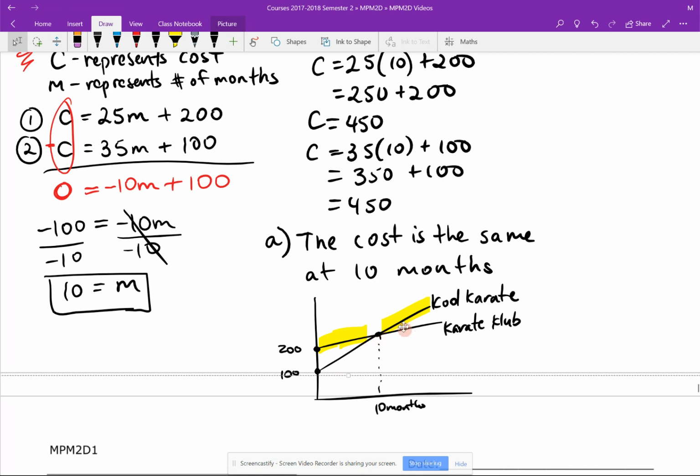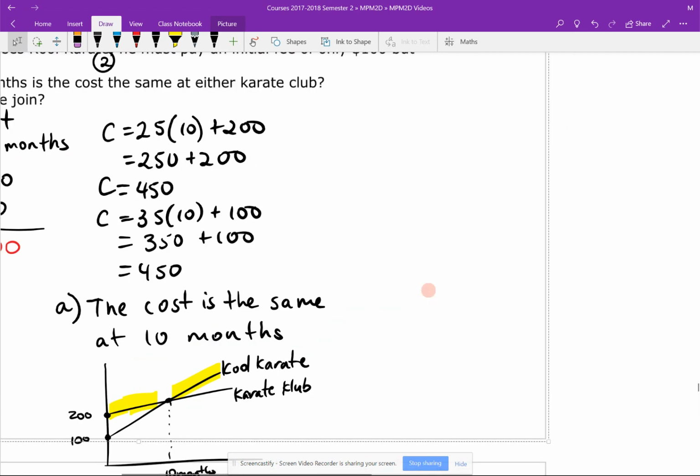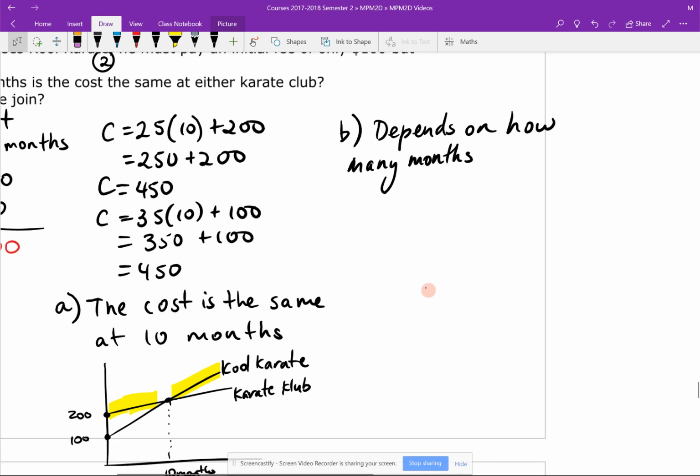But after 10 months, Karate Club is much cheaper. Cool Karate gets more expensive. So for part B, the answer is it depends on how many months he wants to be a member.